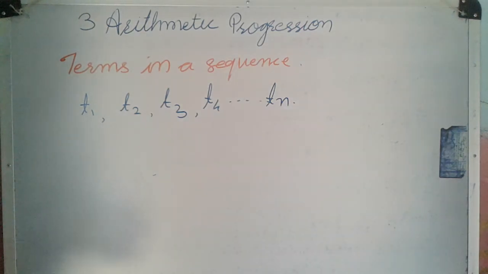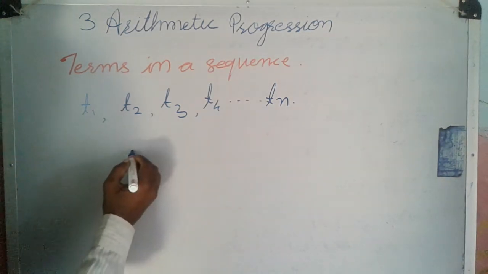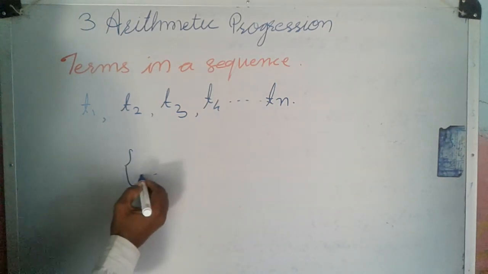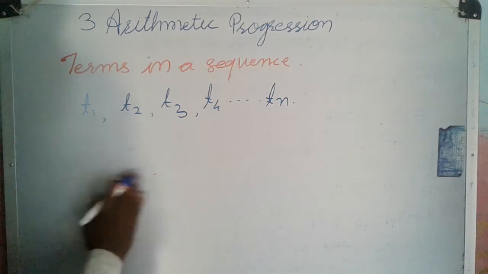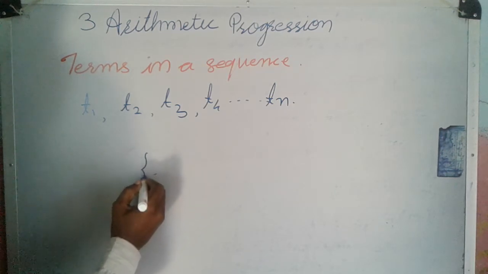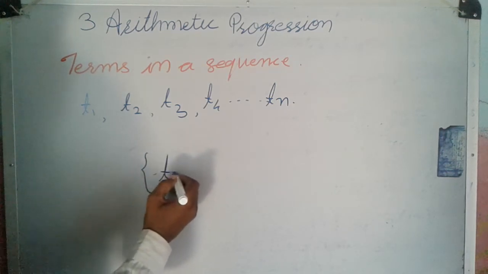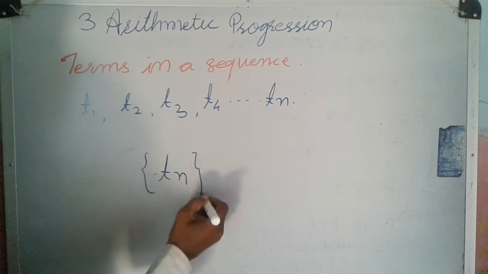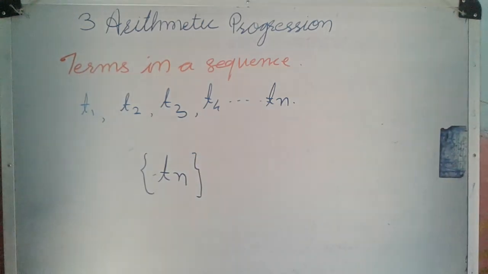In general, the sequence is written in curly brackets as Tn. The sequence is written in this symbol Tn.